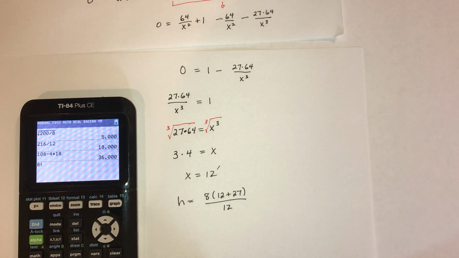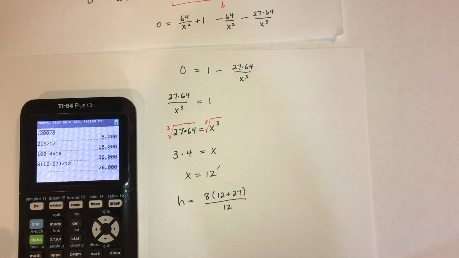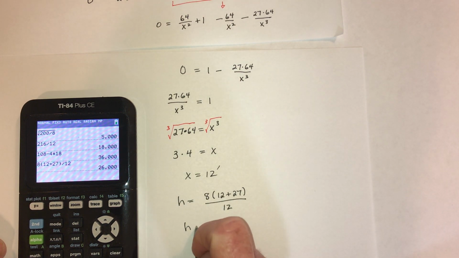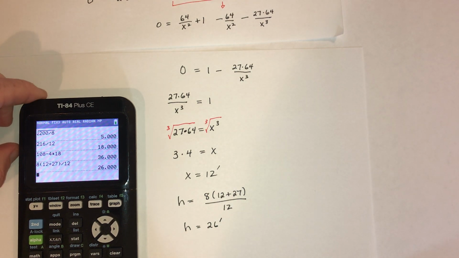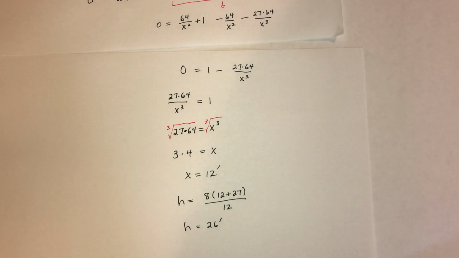So 8 times 12 plus 27 divided by 12 works out nice, that h is equal to 26 feet. So the ladder would reach 26 feet off the ground.